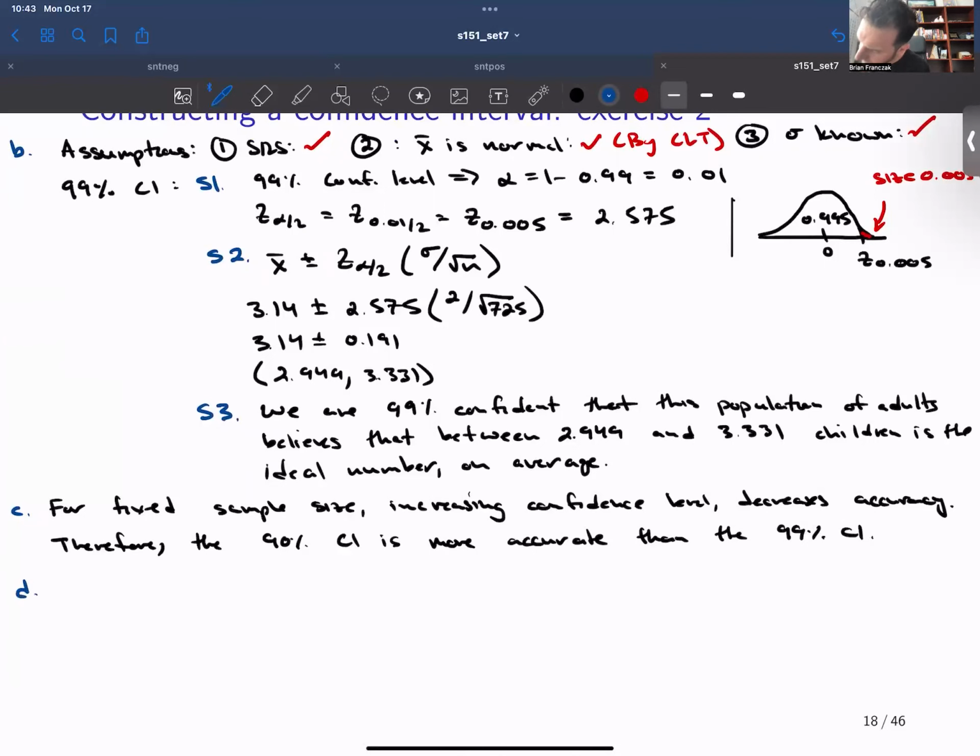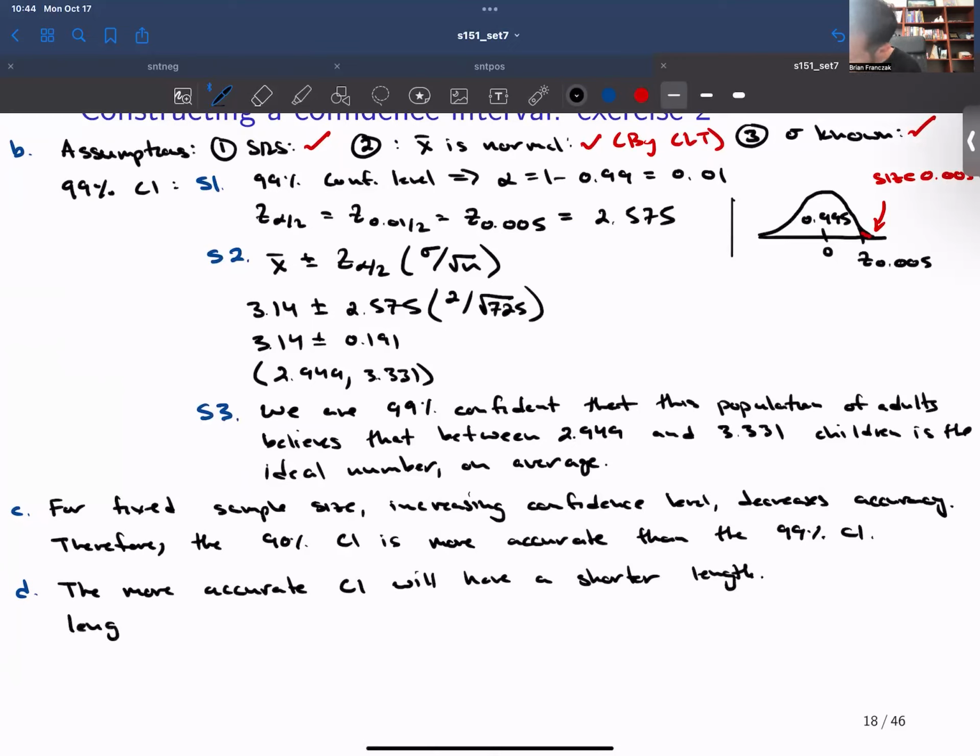Okay, in part D, it says verify this result. Okay, how can we verify accuracy? Okay, so we can say the more accurate confidence interval will have a shorter length. Okay?